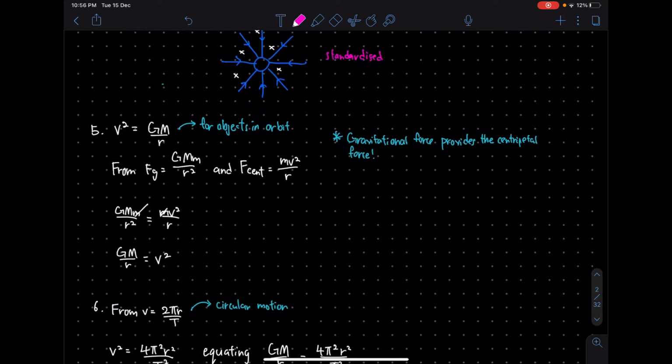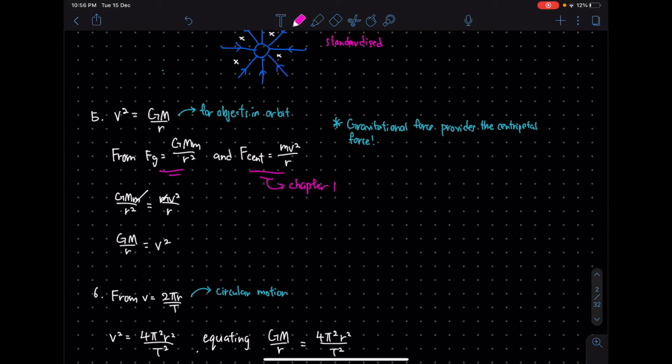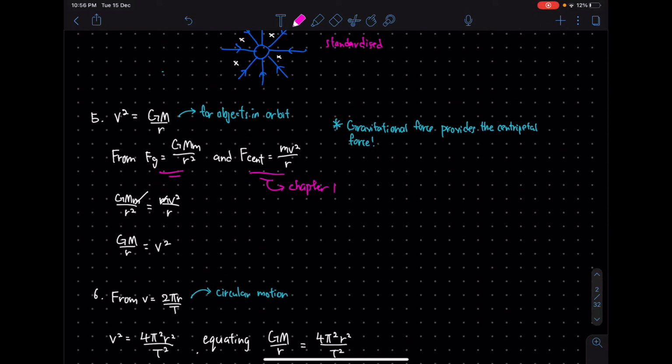We derive this using the gravitational force and the centripetal force. For the centripetal force, you should have learned it in chapter 1. By making them equivalent to each other and doing some algebraic manipulation, you just end up with this equation.